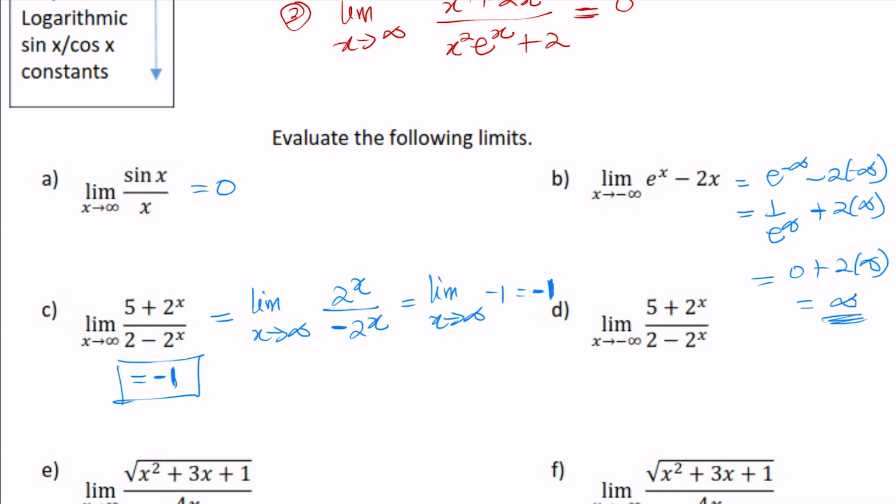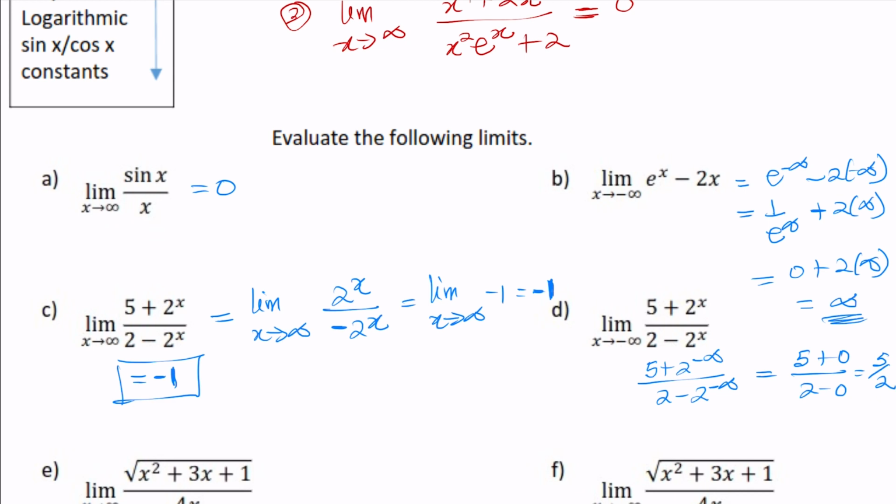So here, if I do my direct substitution, I'm going to have 5 plus 2 raised to the power minus infinity divided by 2 minus 2 raised to the power minus infinity, which will give me 5 plus 0 divided by 2 minus 0. And the answer is 5 over 2.